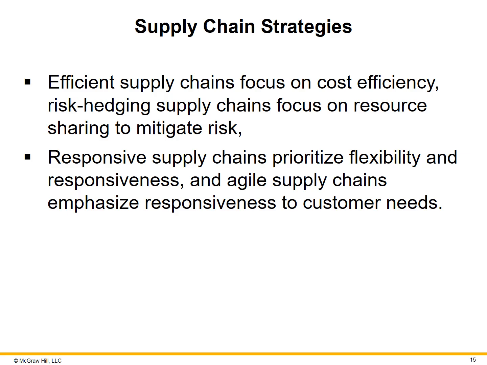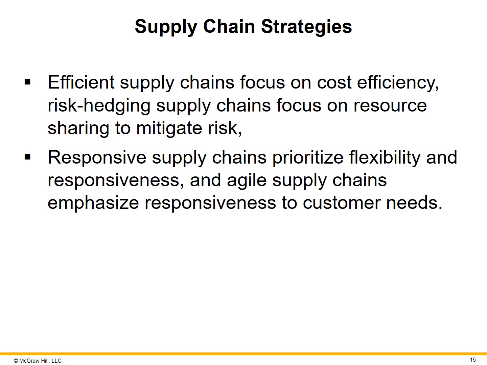The supply chain strategies. Efficient supply chains focus on cost efficiency. Risk hedging supply chains focus on resource sharing to mitigate risk. Responsive supply chains prioritize flexibility and responsiveness. Agile supply chains emphasize responsiveness to customer needs.